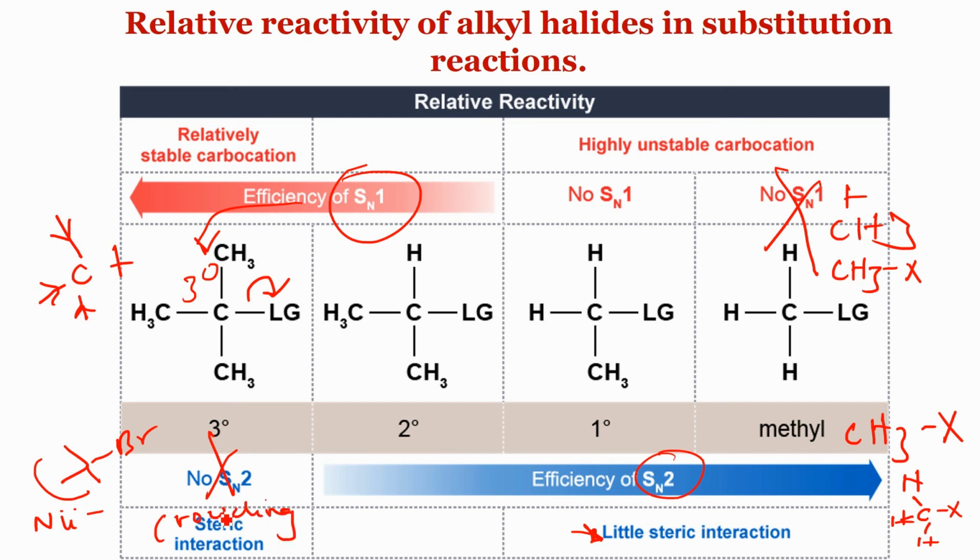The nucleophile will not enter to attack. For SN1, the nucleophile only comes later on. So the rate determining step is formation of the carbocation. So the more stable the carbocation is, the quicker the SN1 will go. So this is just a summary of what we talked about last class.